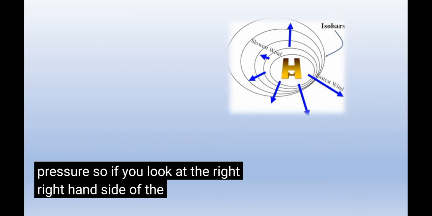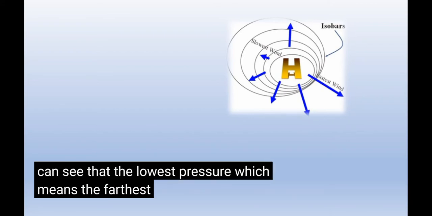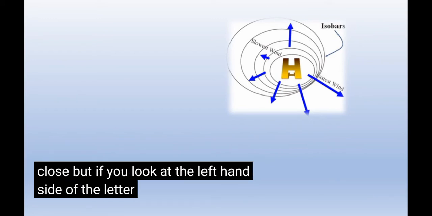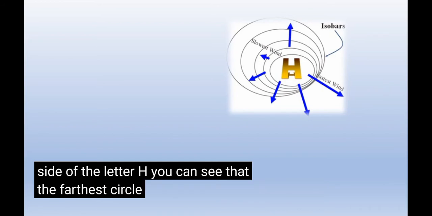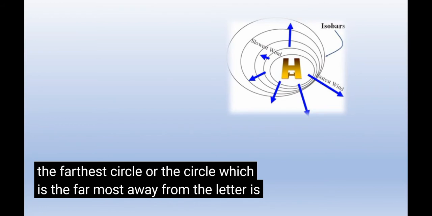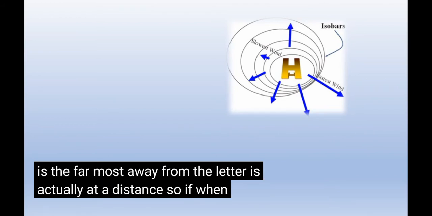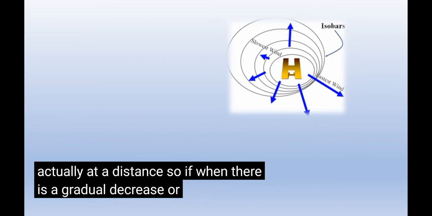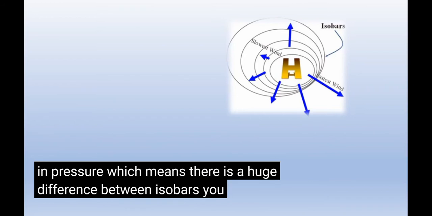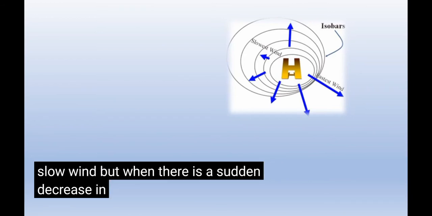If you look at the letter L, the circles are very close together, which means low pressure. But if you look at the letter H, the outer circles are far away from the letter. When there is a gradual decrease of pressure, the isobars are far apart, and you have a slow wind.